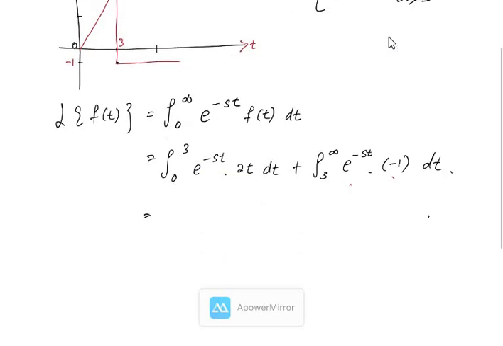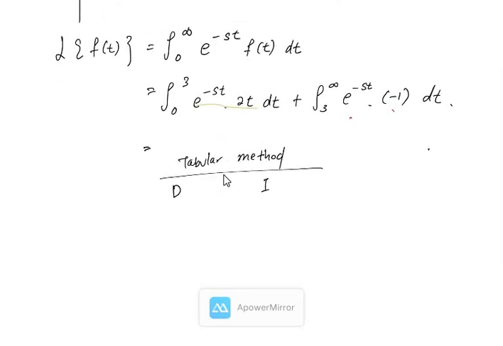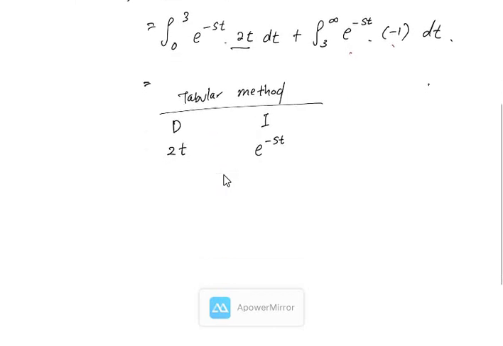So we can integrate this part using the tabular method. So I write it down here for the tabular method. I assume this is the differentiation and this is integration. The exponent negative st I assume is for integration, and 2t for the differentiation.